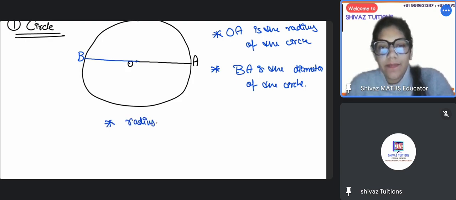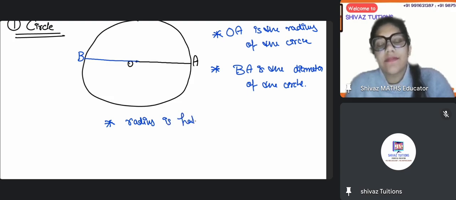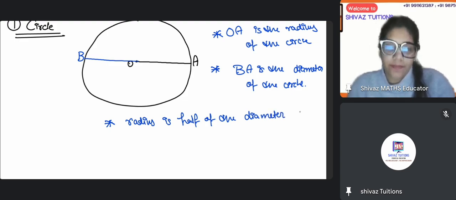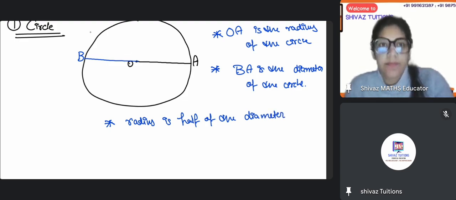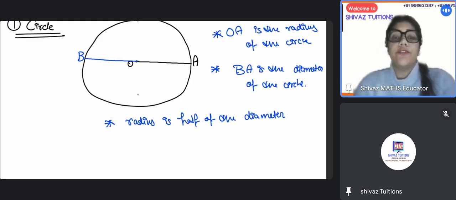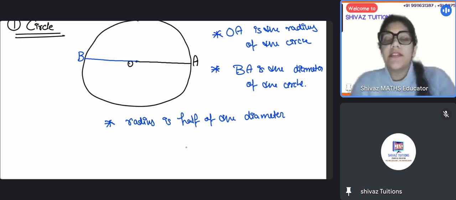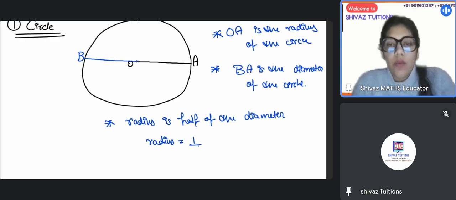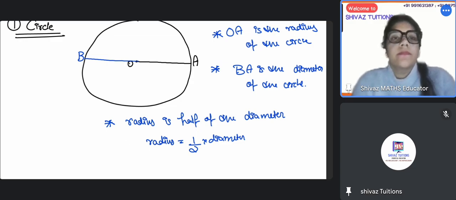Because once I searched what was Earth's radius, it said it was 6,000 kilometers, but then the diameter is 12,000. Very good. You are perfectly correct. So radius is half of the diameter, or I can write it like this: radius is equal to 1 by 2 into diameter. Okay, just note it down and then tell me.